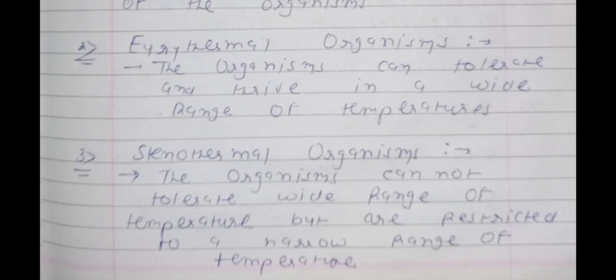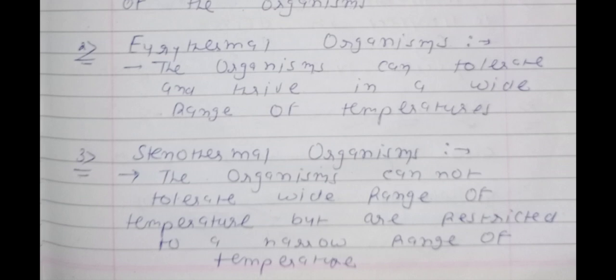If we talk about stenothermal type of organisms, the organisms cannot, underline, cannot tolerate a wide range of temperature but are restricted to a narrow range of temperature. Okay, these are known as stenothermal type of organisms.